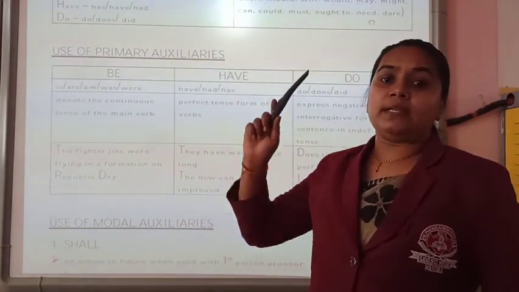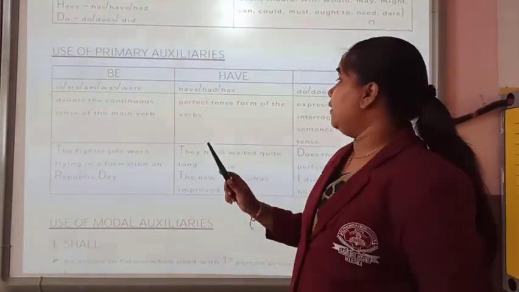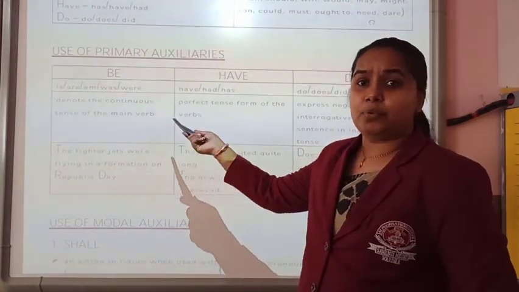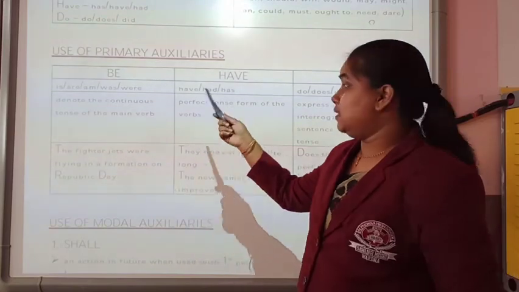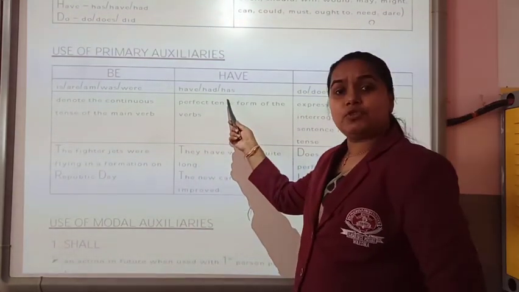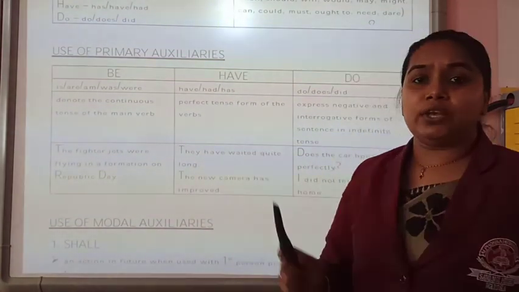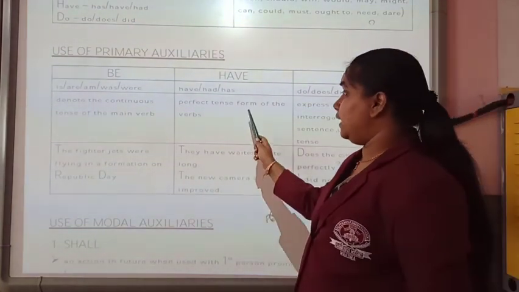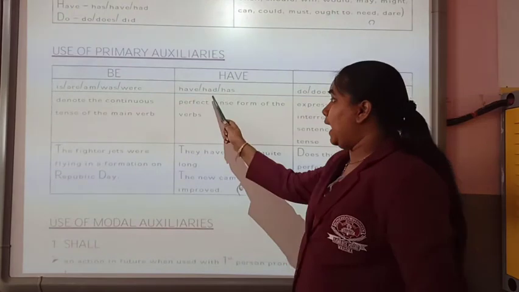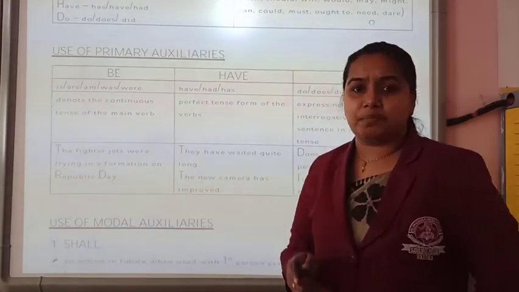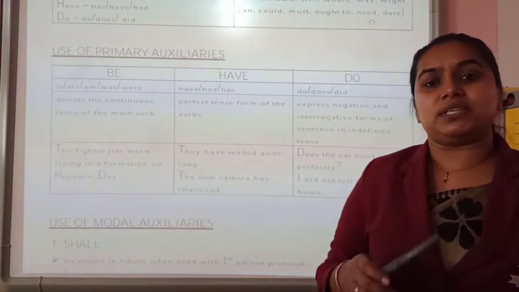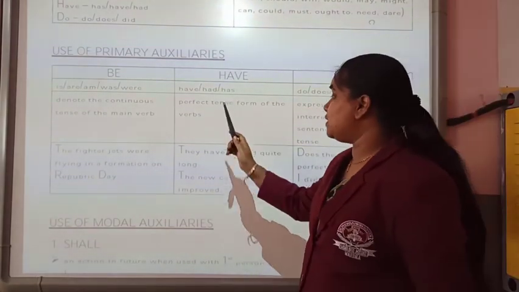Okay, and you can say here have will be used with the first person, second person, and the plural form of the third person. And has is used for the singular form of the third person in the present perfect tenses. Okay, had is used for the past perfect tenses. Whether it is first person, second person, third person, singular or plural, we are going to use had.